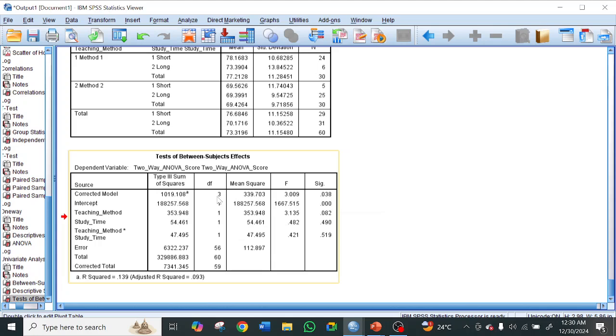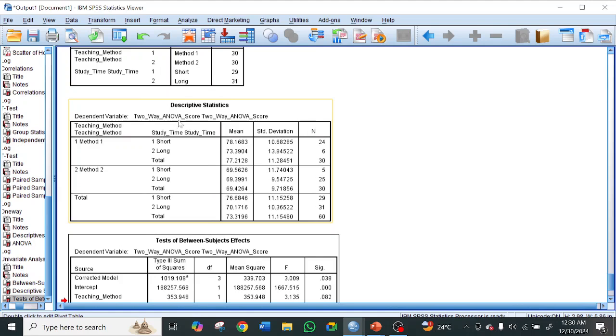Now for teaching method, no significant effect on scores too, but method 1 shows higher scores than method 2. So let's look at it very well. Method 1, we can get that from these descriptive statistics, short and long.